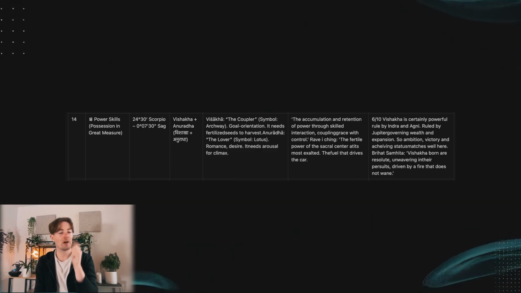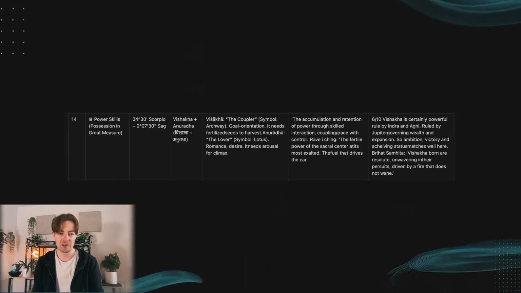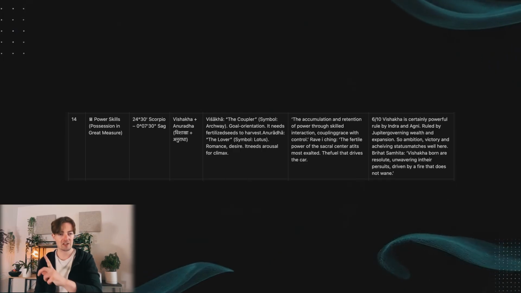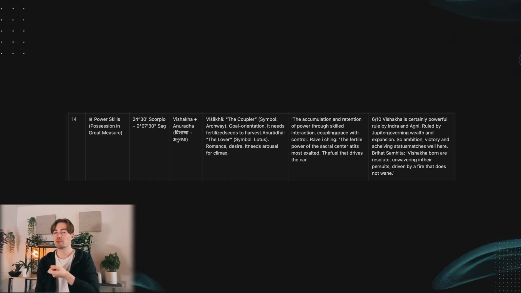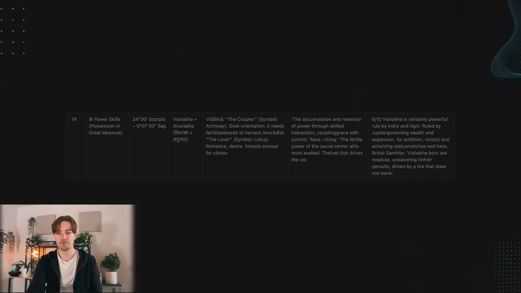Scorpio is about hidden power. Sagittarius is the wisdom fire sign ruled by Jupiter. It's fiery, goal-oriented, and ultimately ruled by Jupiter, which is wisdom. So power skills does well in Scorpio and Sagittarius archetypally, and does pretty well with the Vishakha nakshatra. So 6 out of 10.